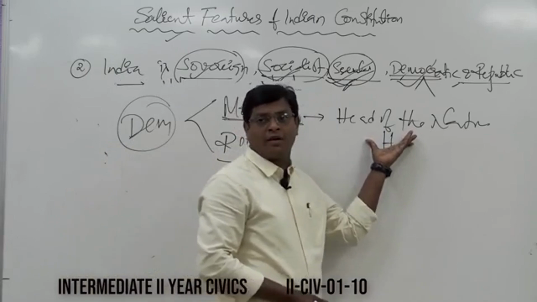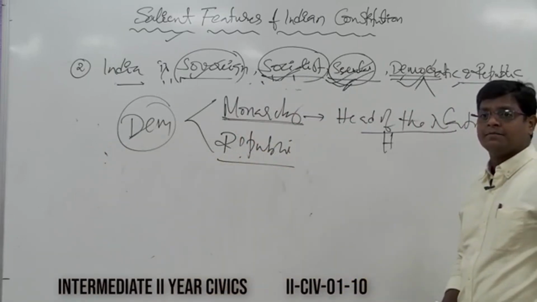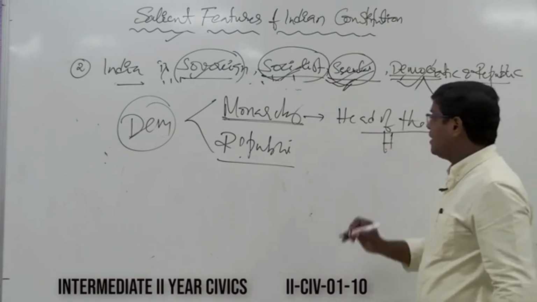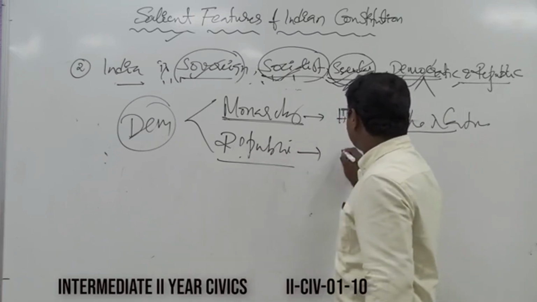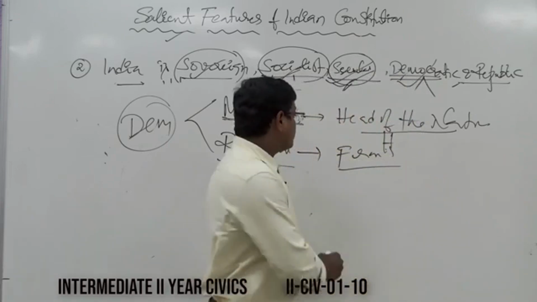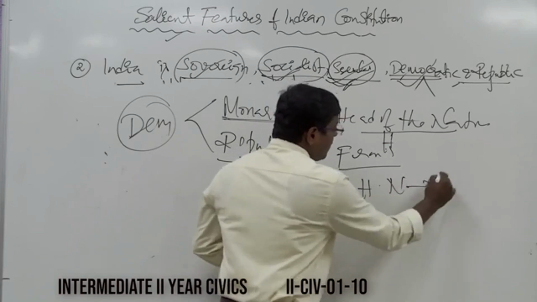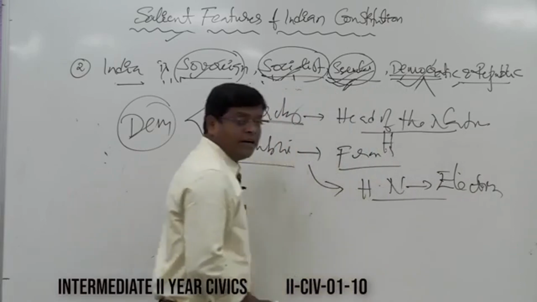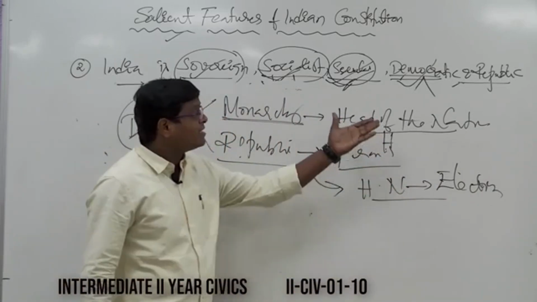You know that the British king or queen comes from the hereditary manner. We adopted from the French constitution the election method. Our head of the nation comes from election. Keep it in mind, our President of India comes by election. That's why India is a republic country.